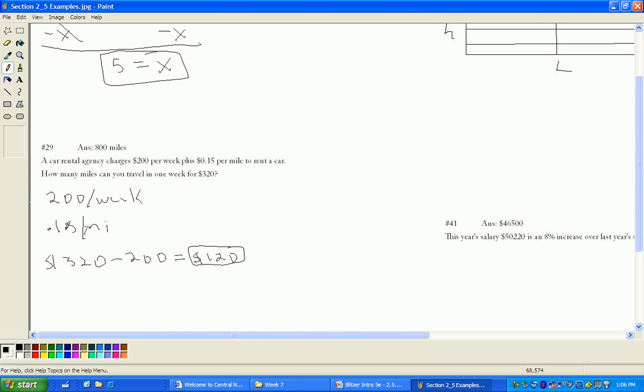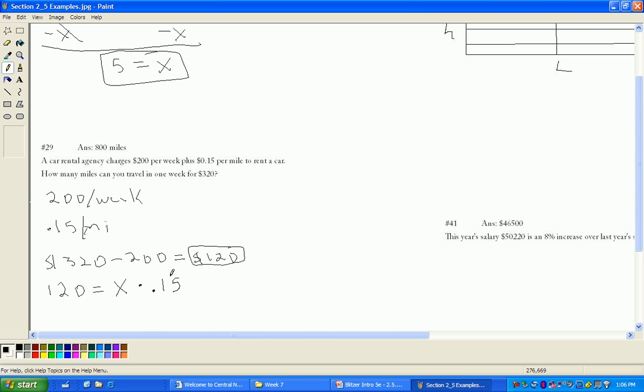So the first thing we're going to do is say we have $120 equal to 0.15x. x is going to be the number of miles times 0.15. The reason I know this is because the total cost we're charged is the number of miles times the fee per mile.